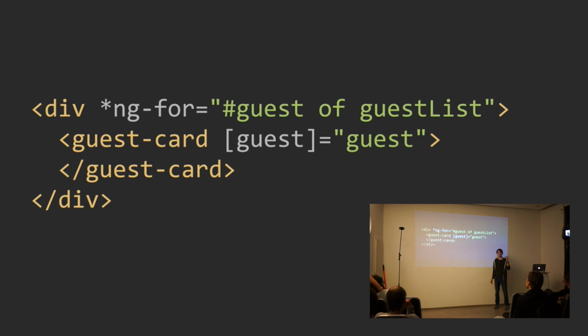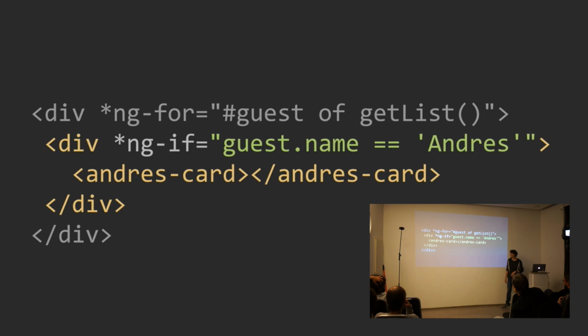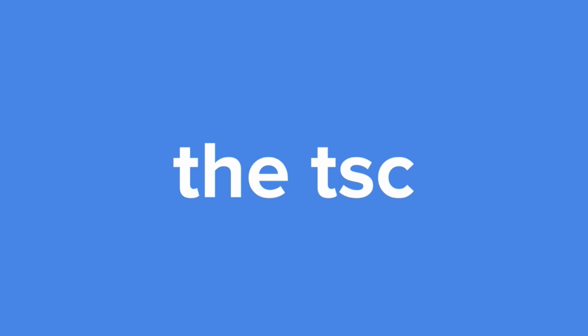So you're going to pass from the outside world into the inside world of the component. You're going to say, okay, you have this input called guest, and I'm going to pass it like this. You have an if, which is an ngIf, and it's exactly the same. It's a star ngIf. So you can have a Boolean condition, and it will show it or not show it.